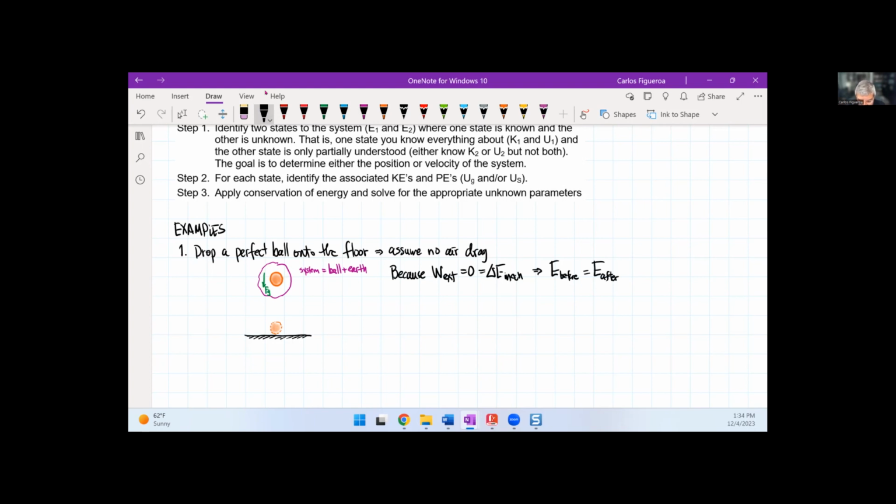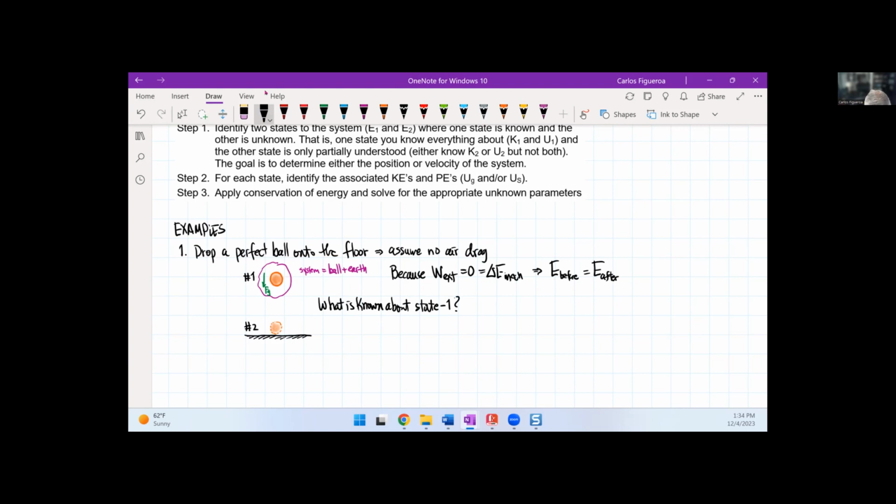Then I start to look at the details. What do I know? When I look at state 1, I'm going to call this state 1, and this state 2. So what is known about state 1?